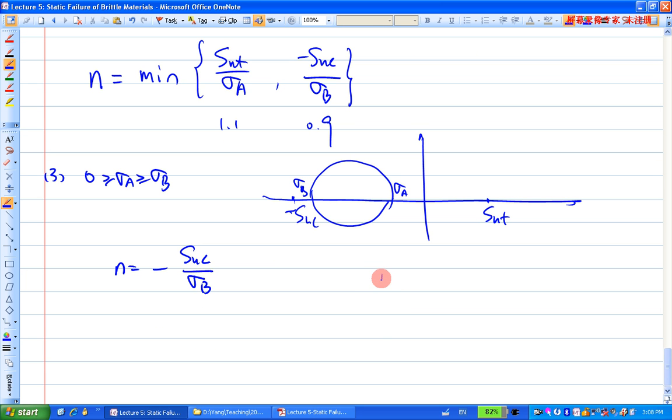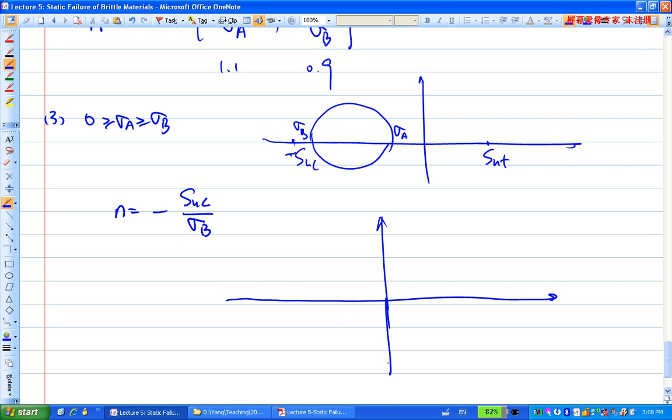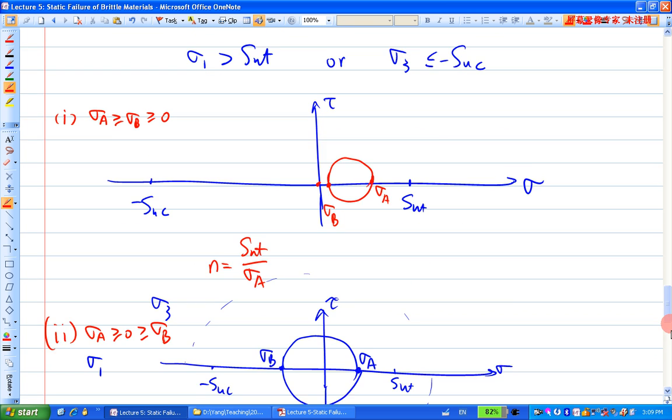And if I draw the safety locus for this MSS theory, we draw in a very similar way to the previous one. What's the first case?